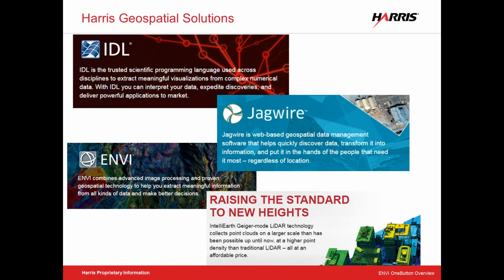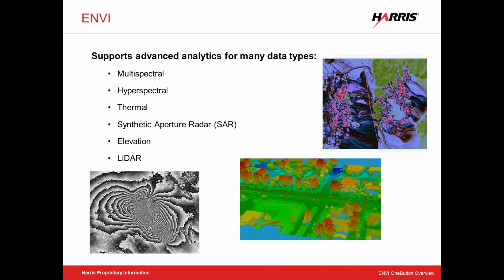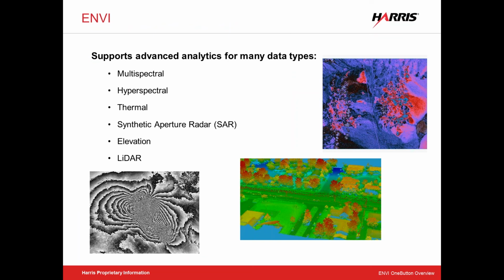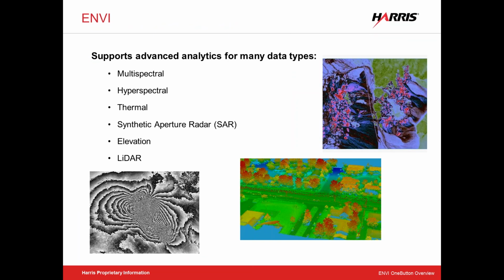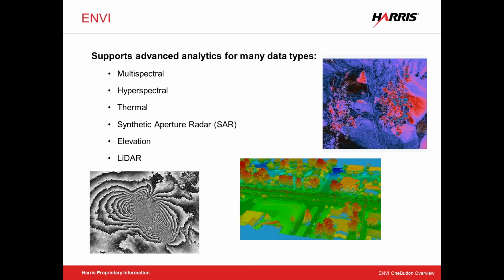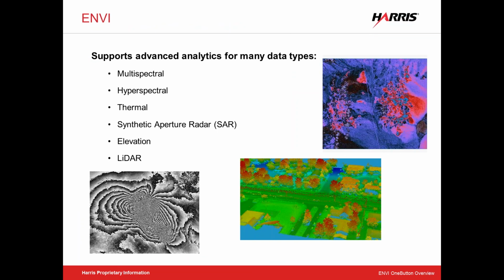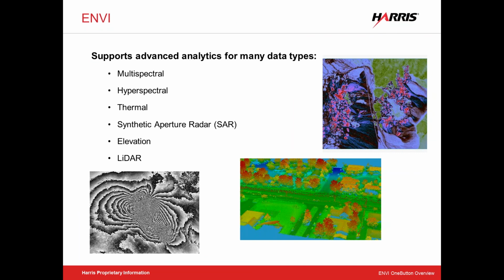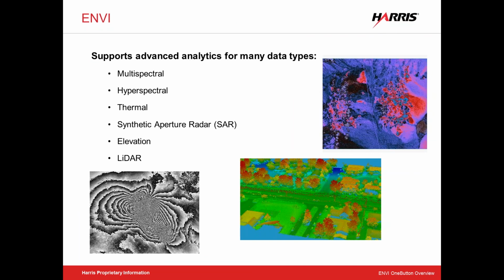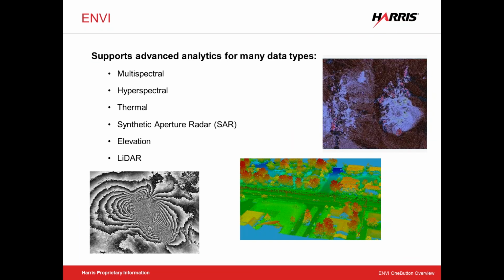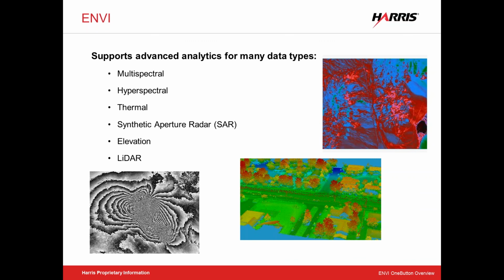We also have a software solution called Jaguar, which is basically an engine for ingesting data, cataloging it, ingesting live video feeds, and displaying those to different places. And one of the most recent additions to our catalog is ENVI Geiger mode LiDAR. It's a new LiDAR sensor that collects really high resolution data so that you can get higher quality, higher density data at a cheaper price.